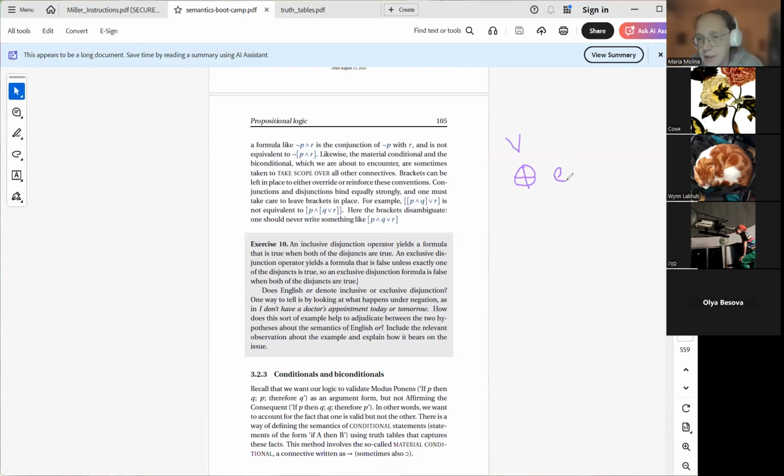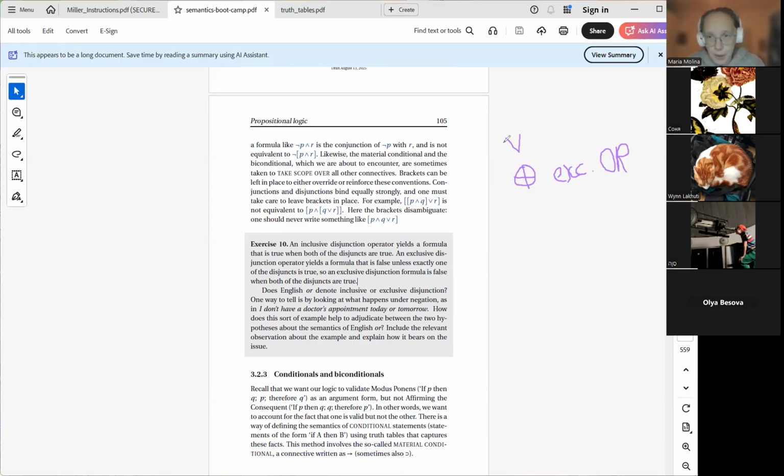In informatics it's also called XOR, which is basically exclusive or. I didn't know that actually. I just saw it over here.